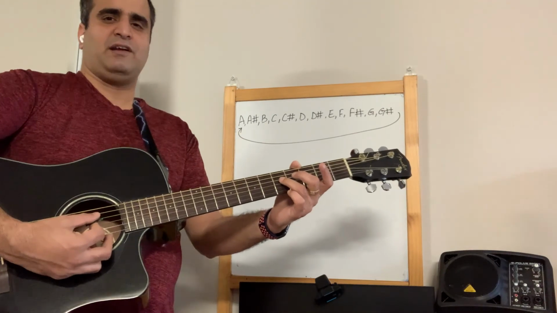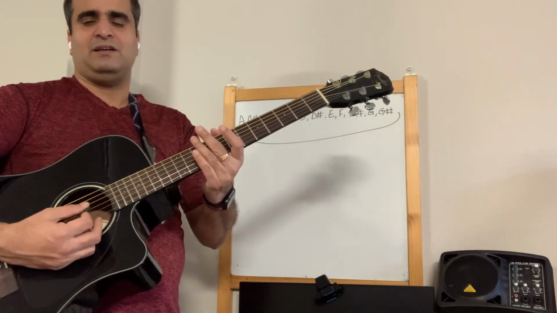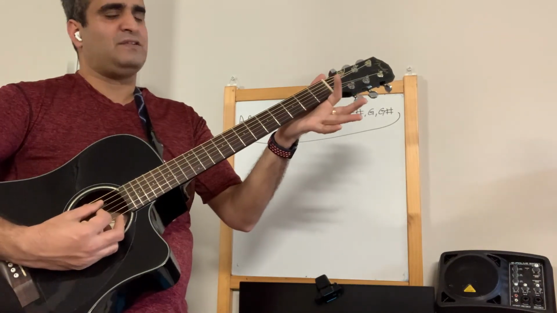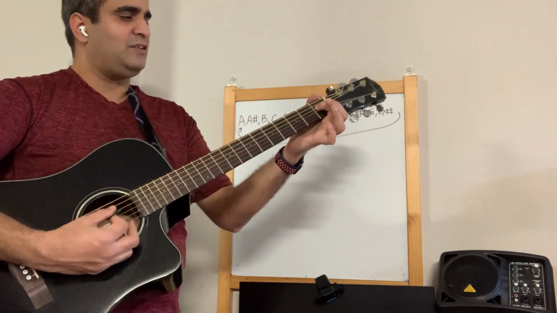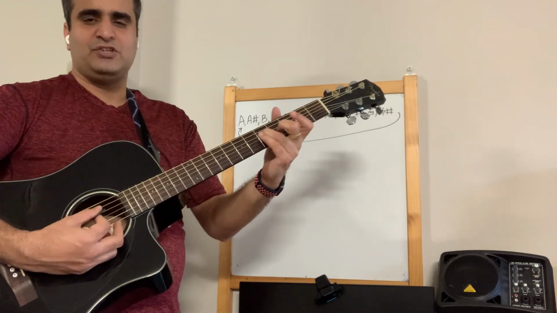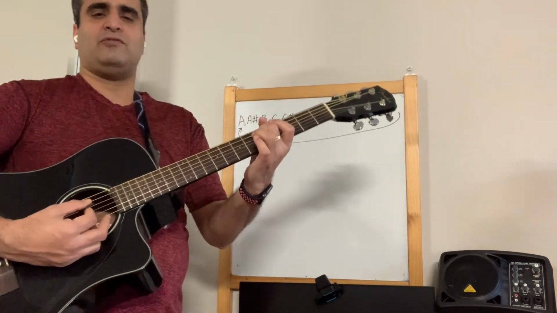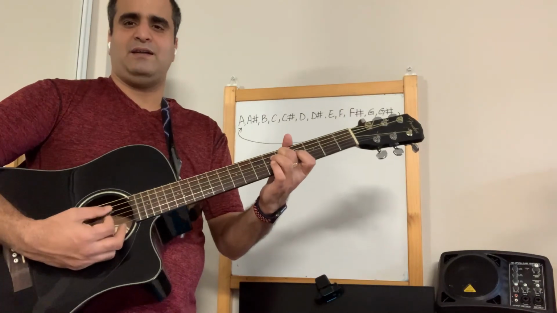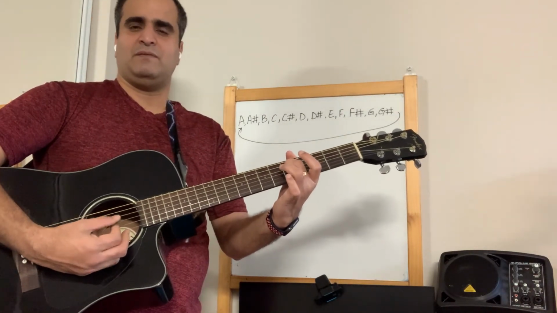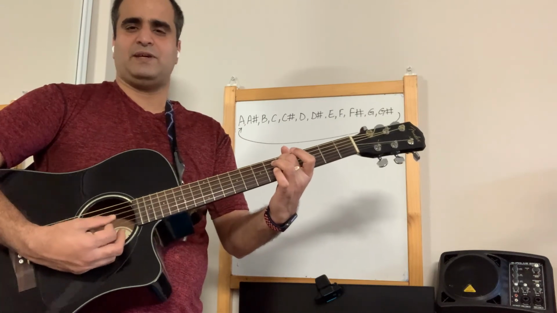For the fourth string, I have to find my G note. If you remember, my fourth string open is D, then D sharp, E, F sharp, G. So my fifth fret on the fourth string is G, and that should be the same as my third string open. See, this is kind of the same.